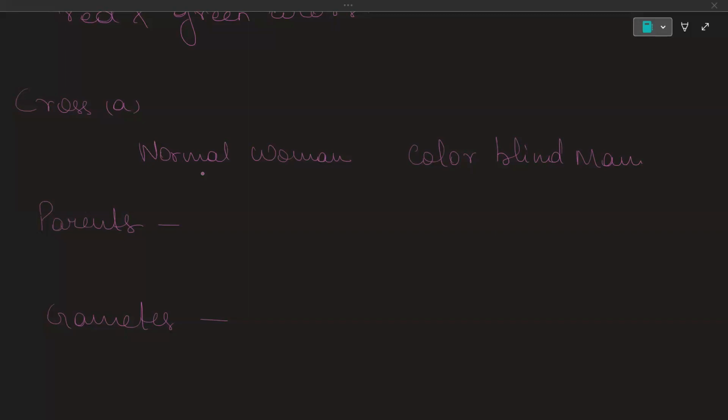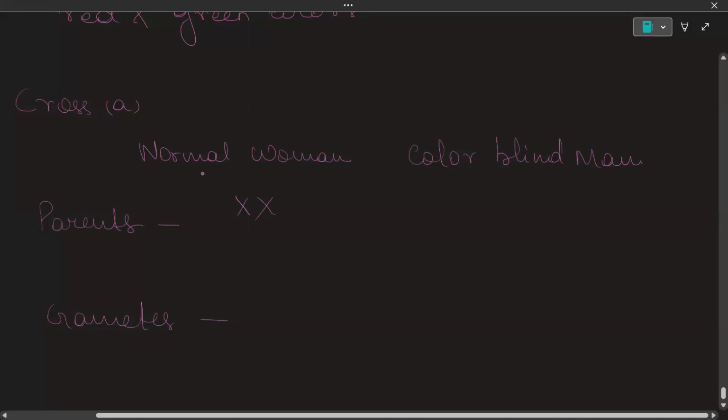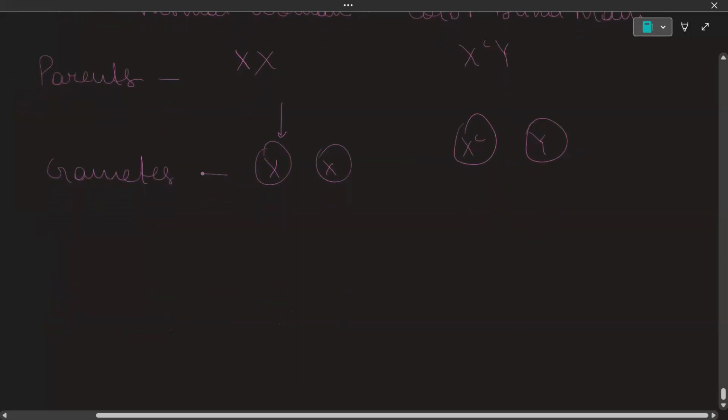So a normal woman is XX, right? And a colorblind man is XcY. Now, talking about the gametes from the normal woman would be X, right? And talking about the gametes from the colorblind or affected male would be these. Now, let us make a cross. So, Xc and Y, the male gametes, and the X, the female gametes.